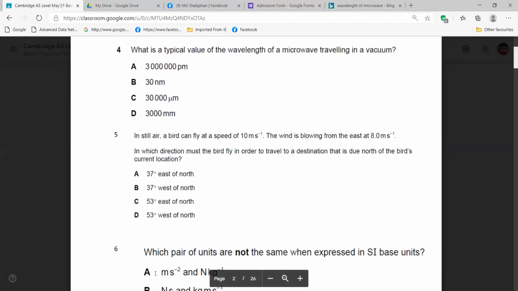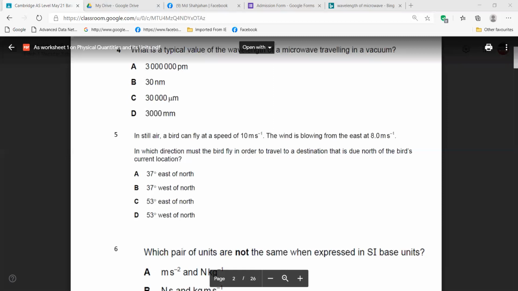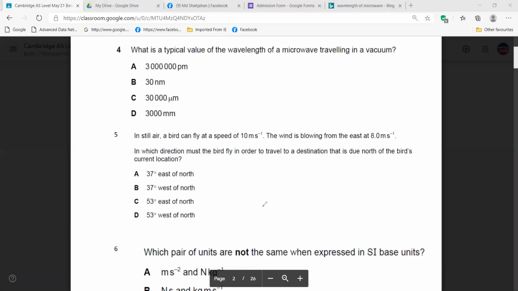See, here is our north. This is destination of the bird, and the wind blowing from east, 8 meter per second.